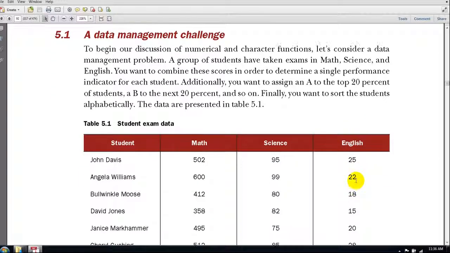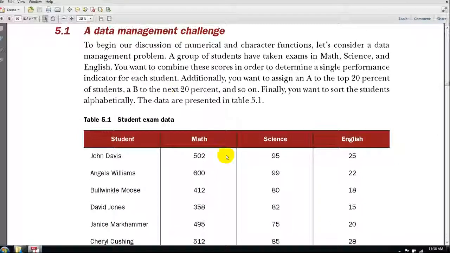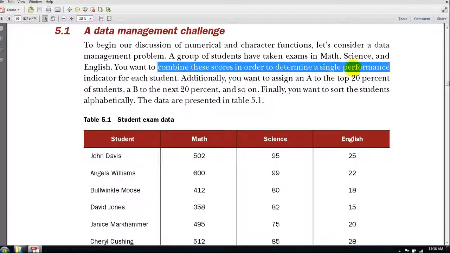This is his students, and he has their grades in math, science, and English, and he wants to deal with this. He wants to combine the scores to determine a single performance indicator for each student.